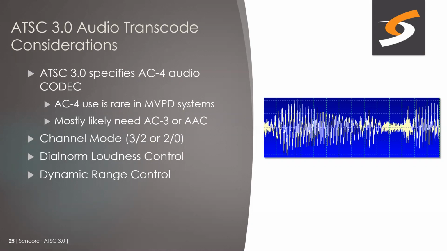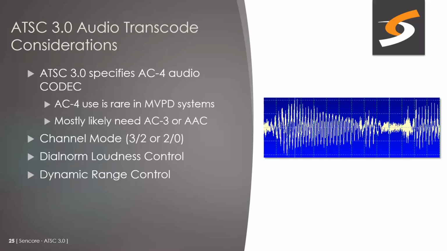So this A/85 recommendation does have a number of recommendations on how to utilize the dialnorm value and do that kind of converting without losing your loudness capabilities, and dynamic range control goes along with it. So not only do we need to transcode the video, but we also need to transcode every single one of the audio services to make it compatible with an MVPD system.